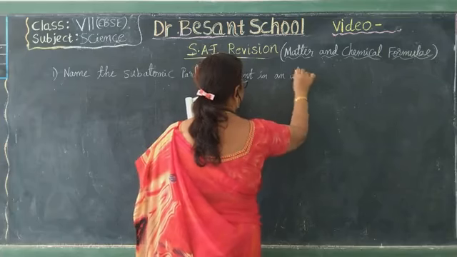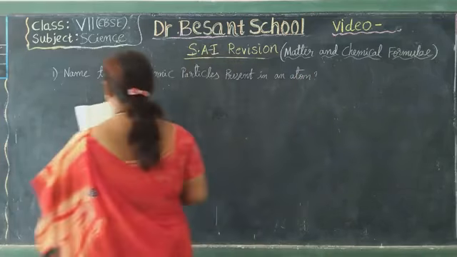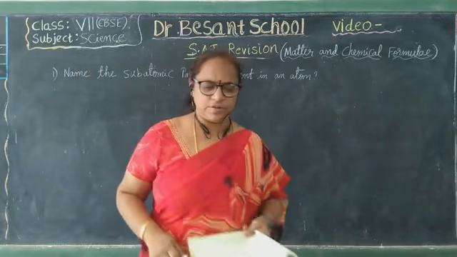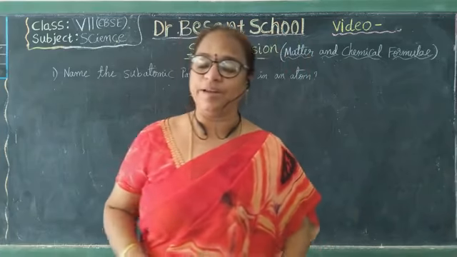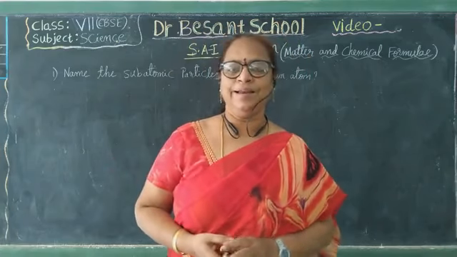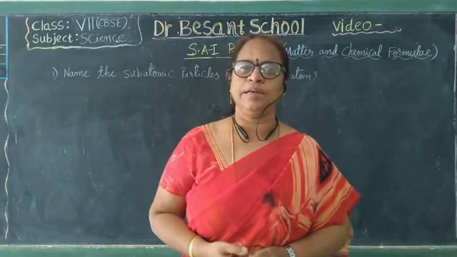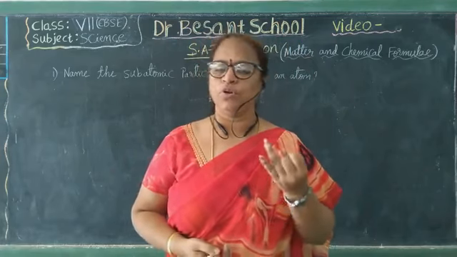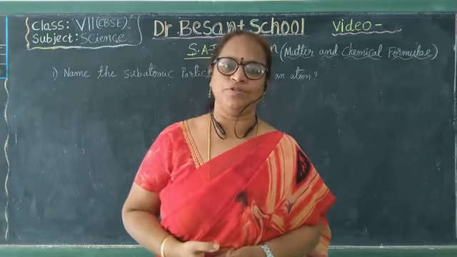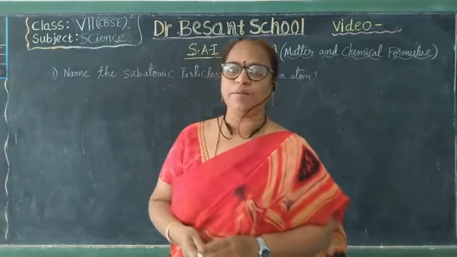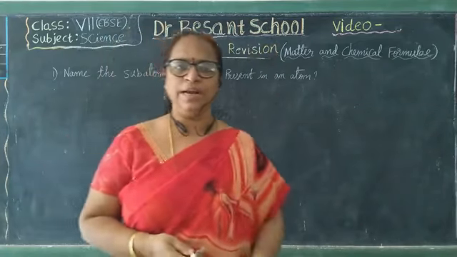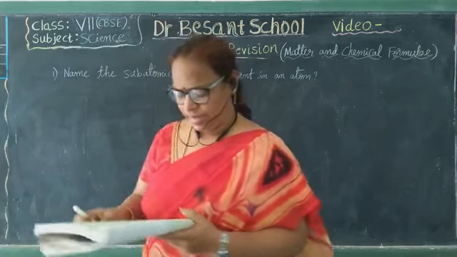So you all know the answer. What are the subatomic particles? How many are there? Yes, there are 3 subatomic particles. They are protons, neutrons and electrons. So that is the answer you will write. The subatomic particles present in an atom are protons, neutrons and electrons. Okay. Next question.